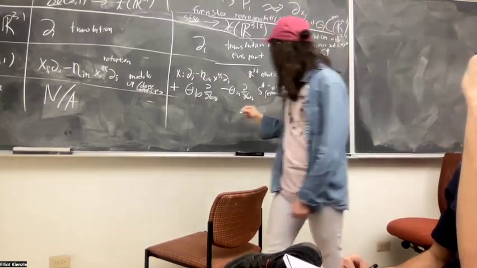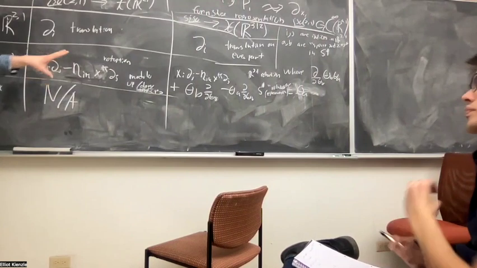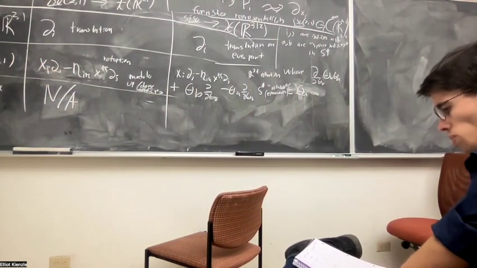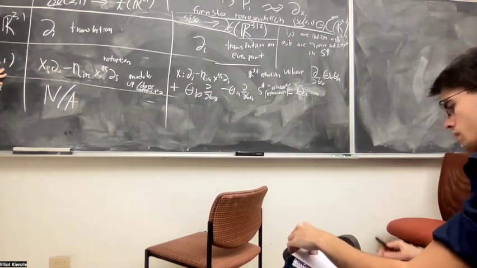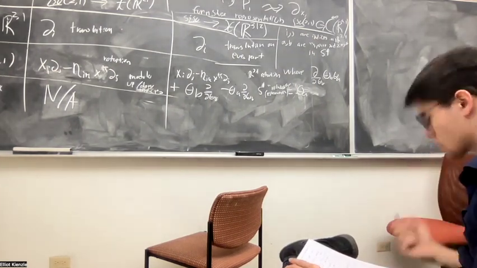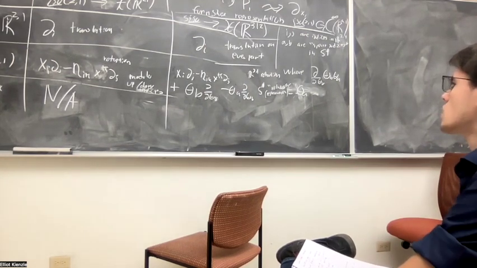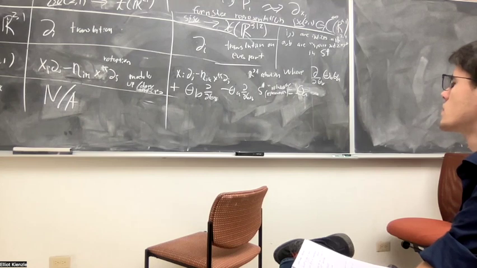Should A, B just go from 1 to 2? So the question is whether A, B goes from 1 to 2. That does give all of the vector fields here. The question is, if I give you an element of SO(2,1), how do you know which A, B it is? It's a two-dimensional representation, so there are 2 degrees of freedom. So A, B going from 1 to 2 works perfectly.